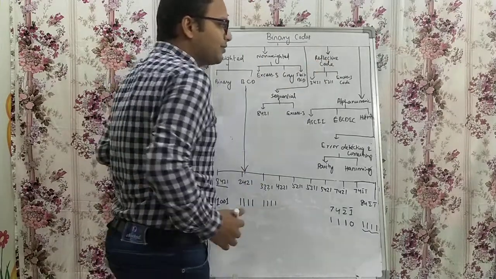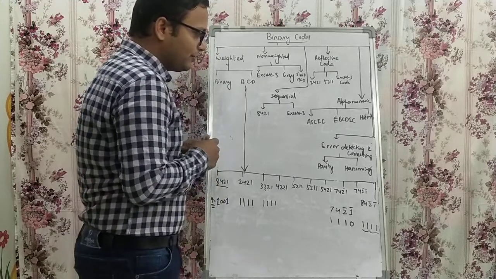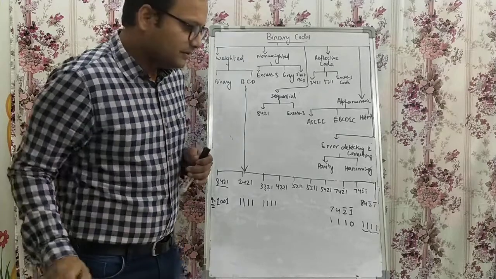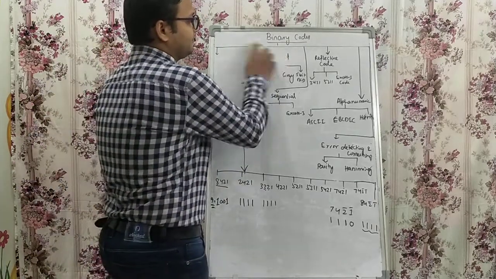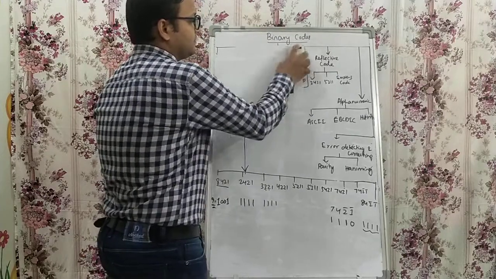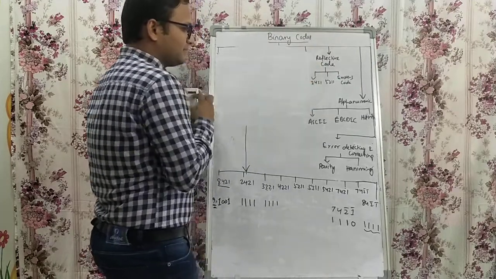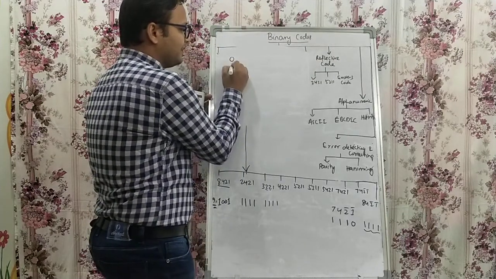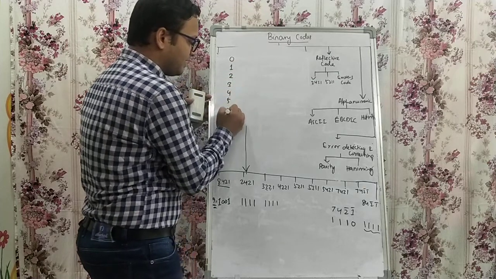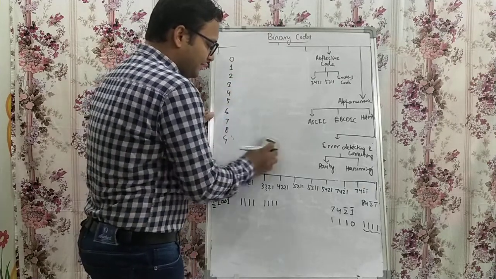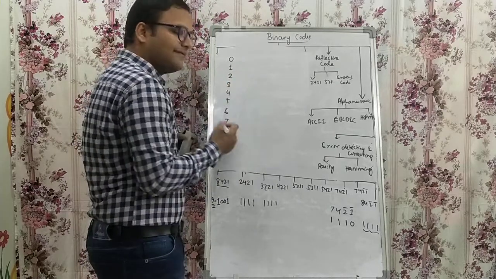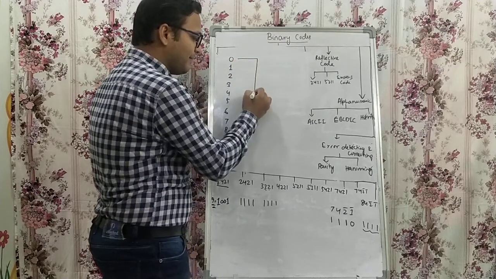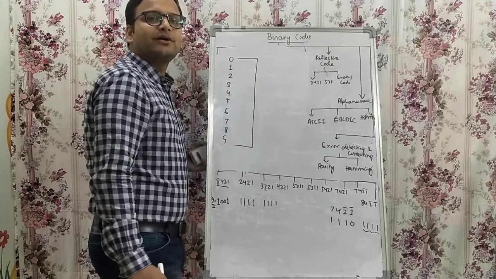Okay, next, reflective code. Reflective code means, if I am going to write 0, 1, 2, 3, 4, 5, 6, 7, 8, 9, and I get the binary values of these, if the binary value of 0 is equal to the binary value of 9, then that code is called reflective code.